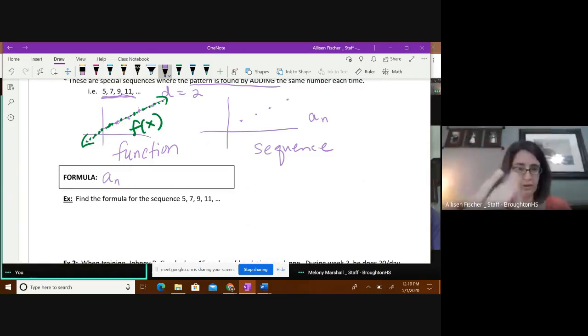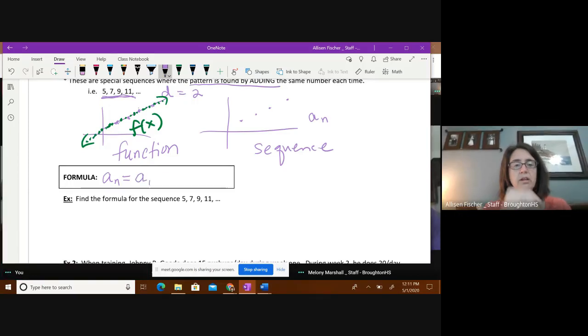We just typically default to an A. It's easy to find the formula for an arithmetic sequence if you use the first term in the sequence, which we call A sub 1, plus the common difference times n minus 1.